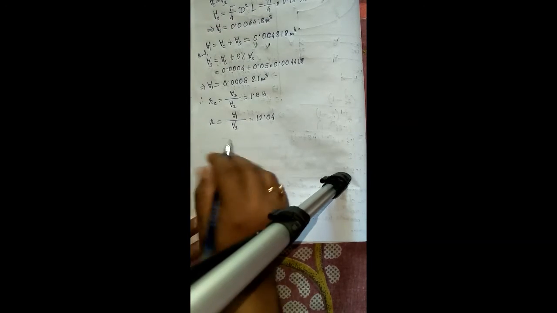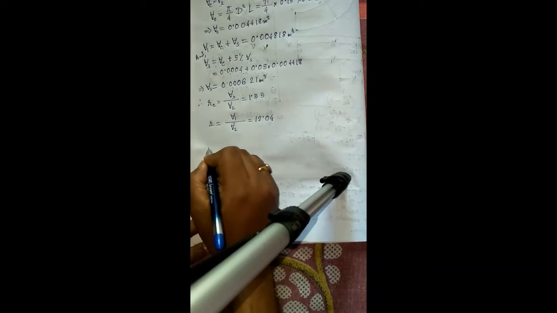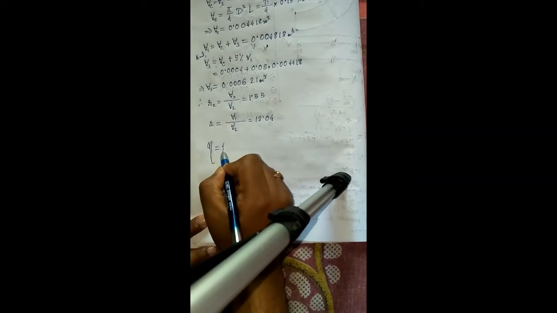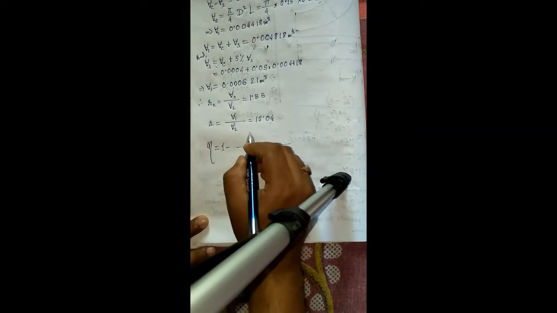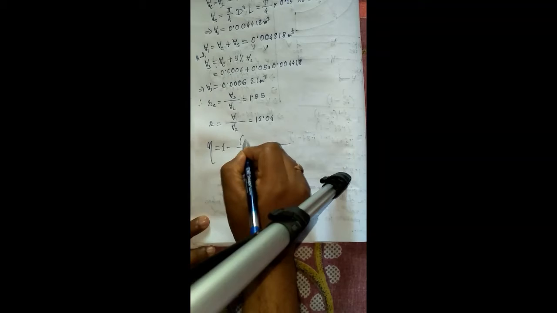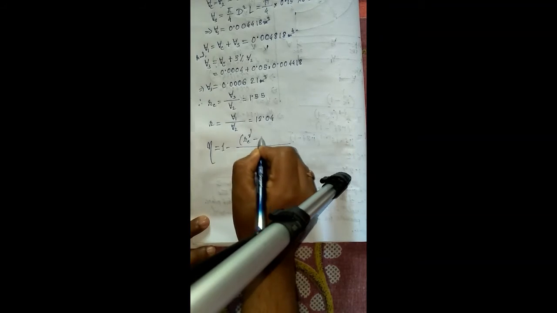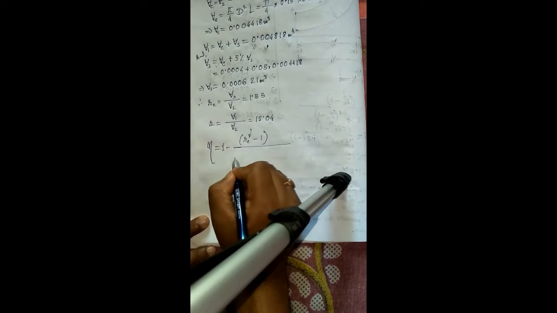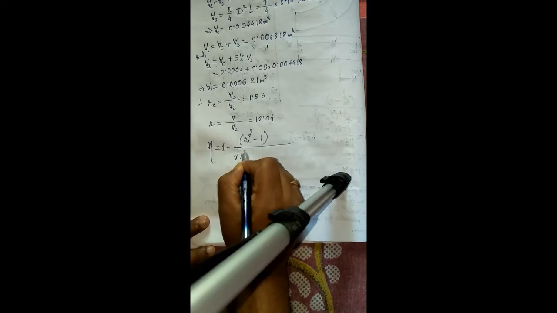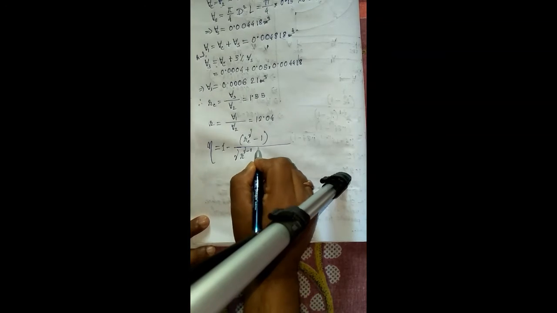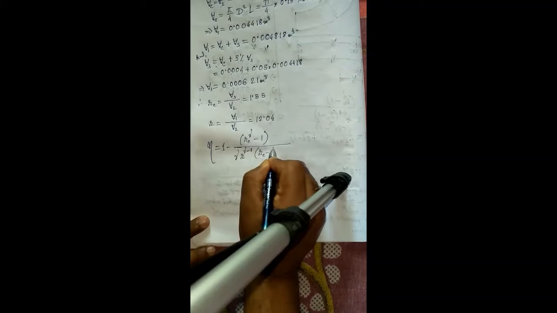So the value of efficiency is eta equals 1 minus, in numerator RC to the power gamma minus 1, in denominator gamma into compression ratio to the power gamma minus 1 into RC minus 1.